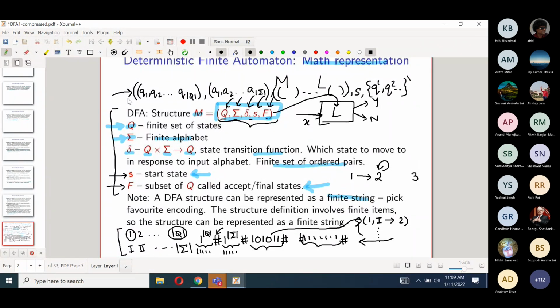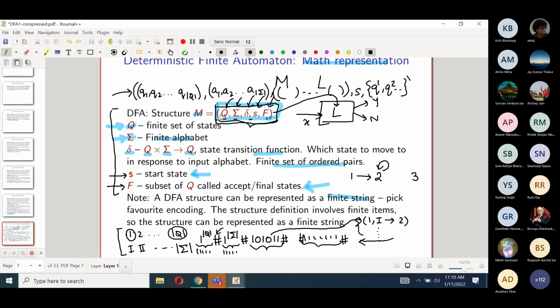So it's not just any finite string. You can also represent it as a finite length string in zeros and ones. You can do whatever you want. If this is finite, in all reasonable ways that you want it to be represented in a finite manner, you should be able to do it.